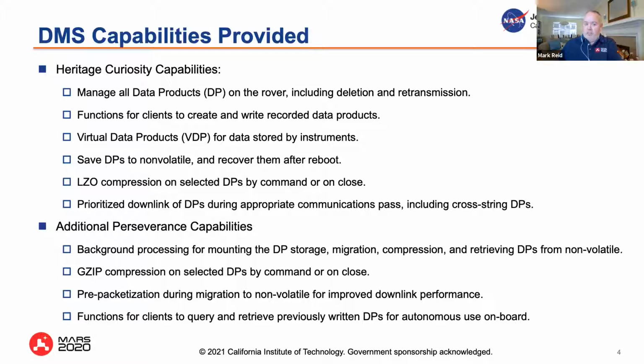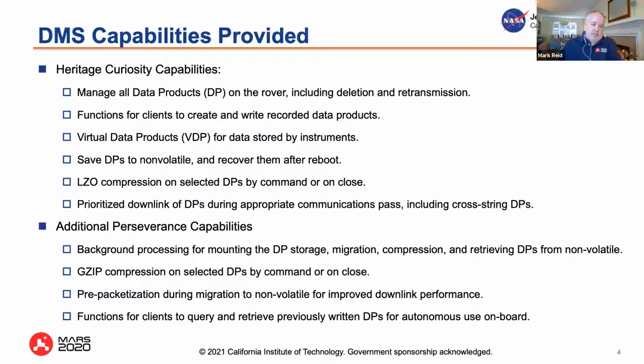And then when it comes time to downlink the product, we will go retrieve it directly from the instrument and bit pipe it through DMS through the downlink and do the packetization. So we're not using the RCE's, the rover control electronics, non-volatile data storage to store these products. They're being stored on the instruments.